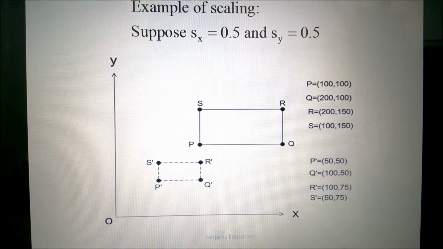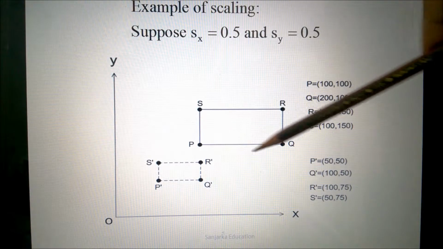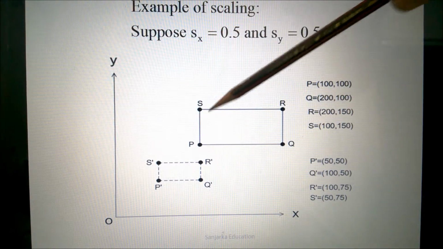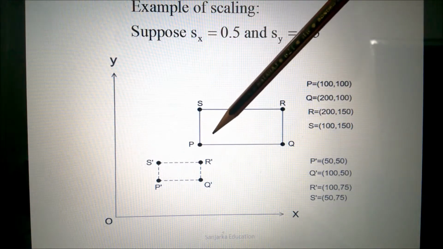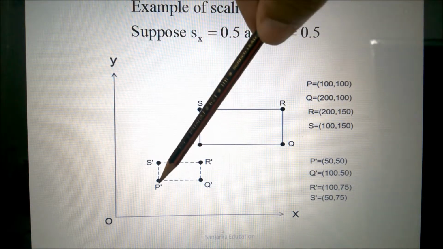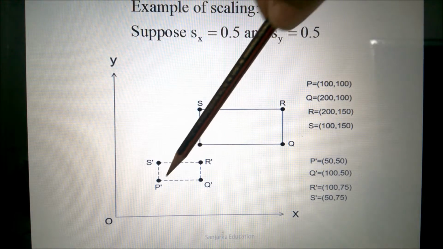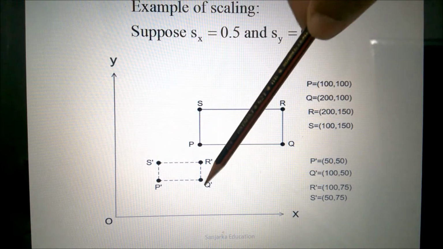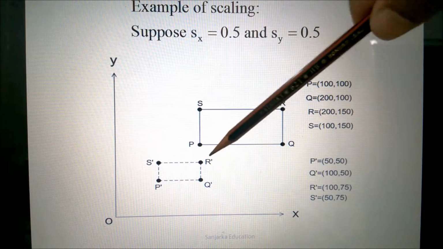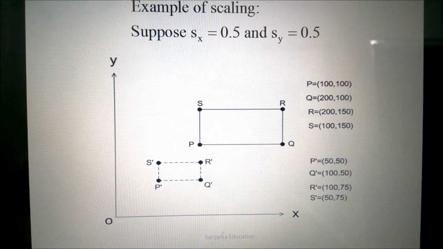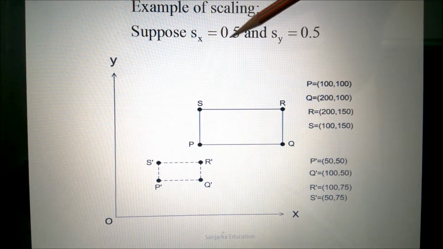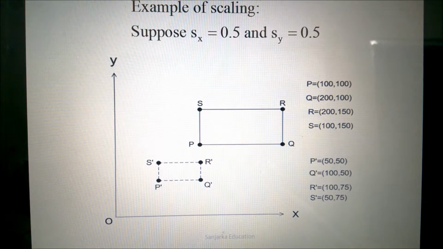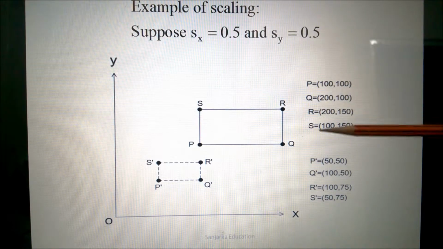You can see here I have taken 4 coordinates, and after the scaling transformation, P has been shifted to P dash, Q has been shifted to Q dash, R has been shifted to R dash, and S has been shifted to S dash. Here I have taken the scaling factor in the x direction as 0.5, and the y direction scaling factor is also 0.5.